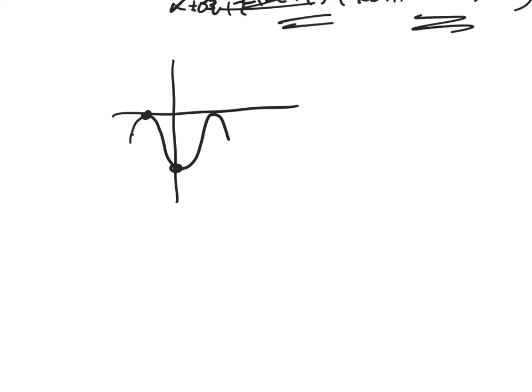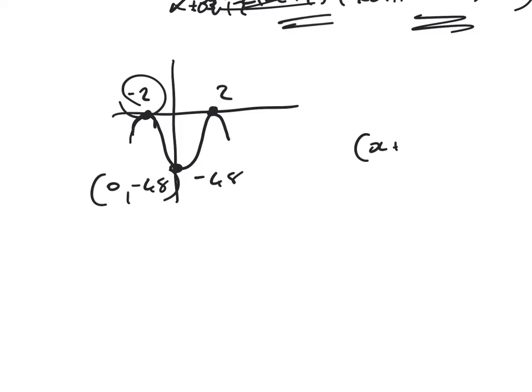Okay, we've got equal roots at minus 2 and equal roots at 2. We're passing through the y-axis at minus 48. So the full point then is 0, minus 48. So equal roots at minus 2 comes from the square bracket x plus 2.